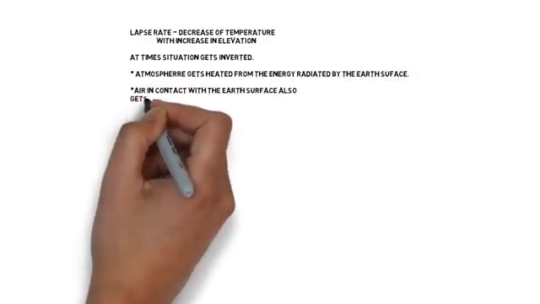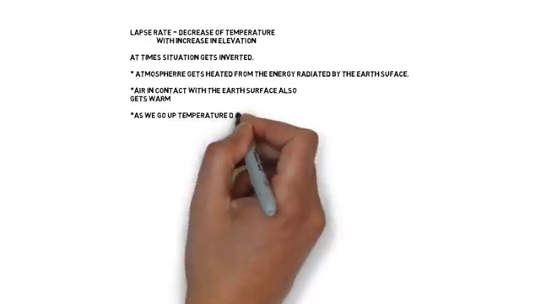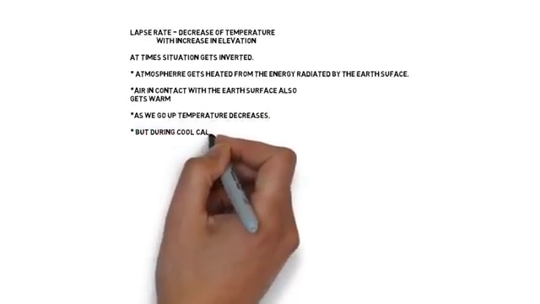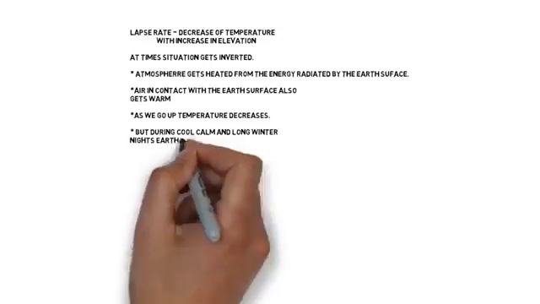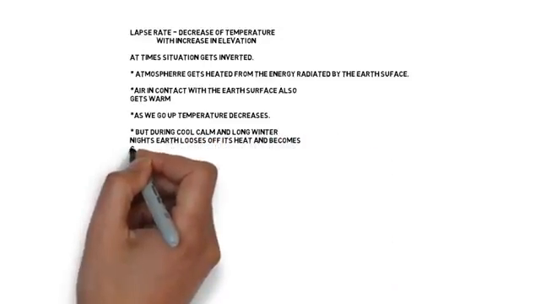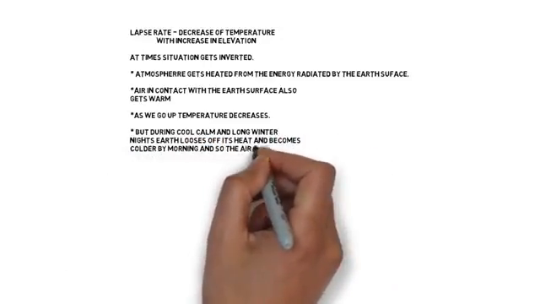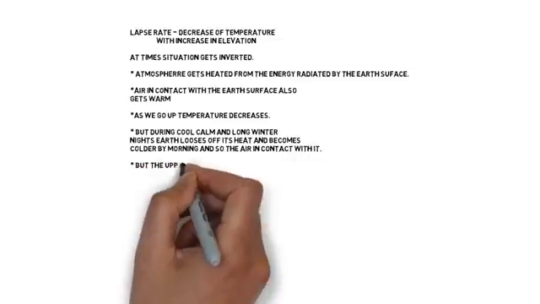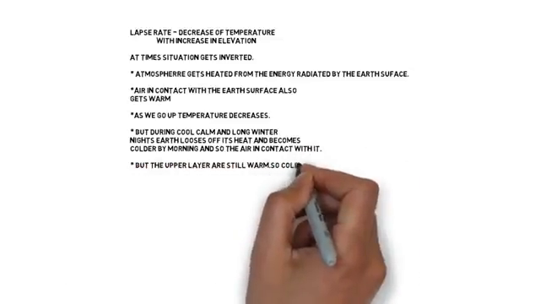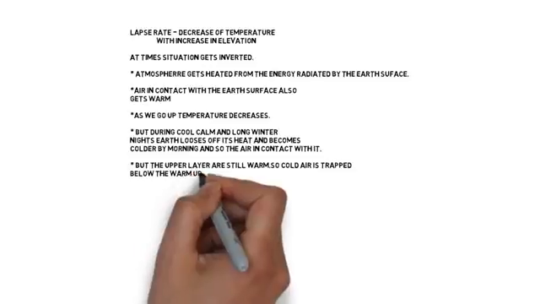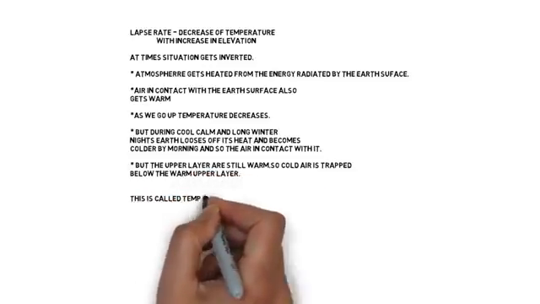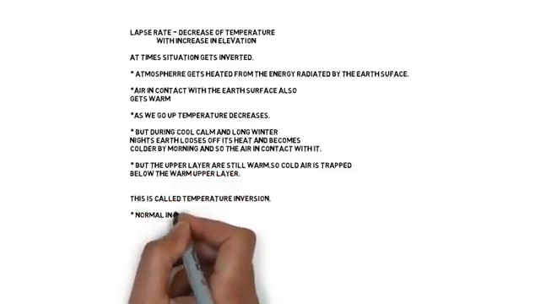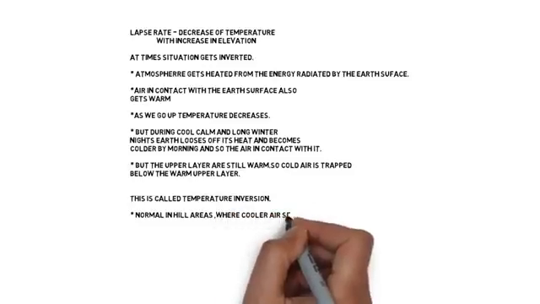As we go up, temperature decreases. But during cool, calm and long winter nights, earth loses its heat and becomes cooler by the morning, and so the air in contact with it also becomes cooler than the air at the upper layer of the atmosphere. So cold air is trapped below the warm upper layer. This is called temperature inversion.